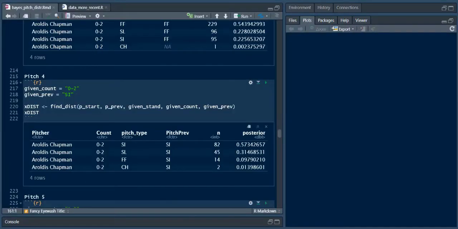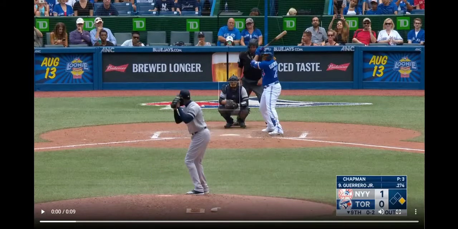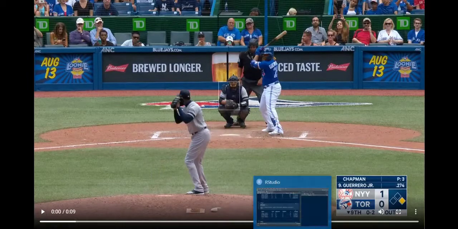It appears that the third pitch was actually a sinker. So sorry about that. This was deemed a 100-mile-per-hour sinker by Baseball Savant, which is where I'm getting all this data from. So, okay, take back what I said about it being the most likely outcome.